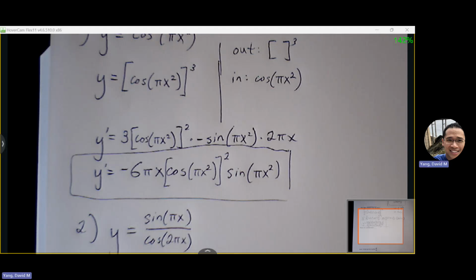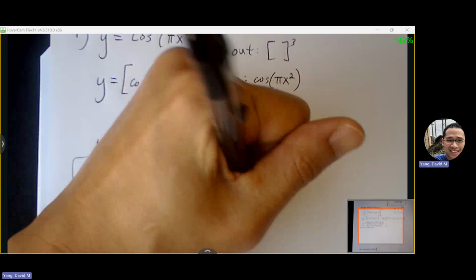Okay, number 2, what's required? We do have to make sure we go through quotient rule, okay?